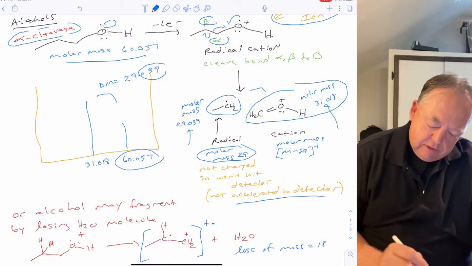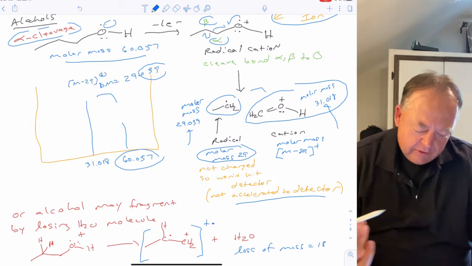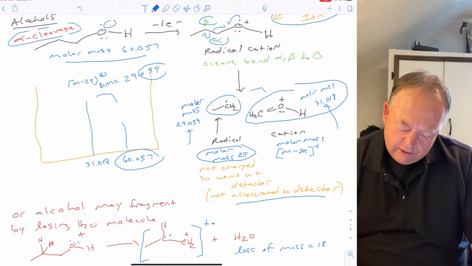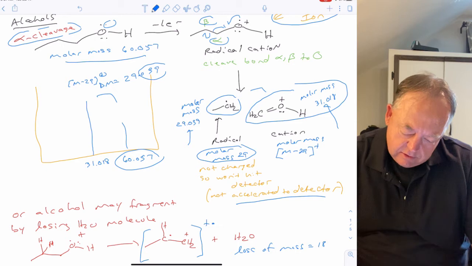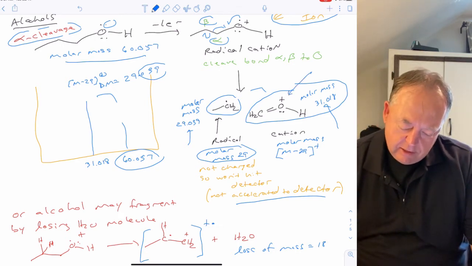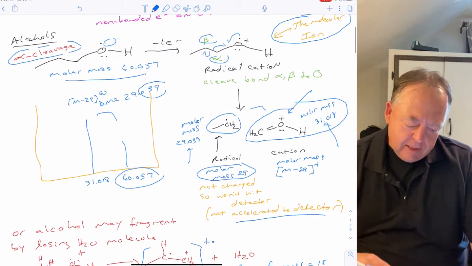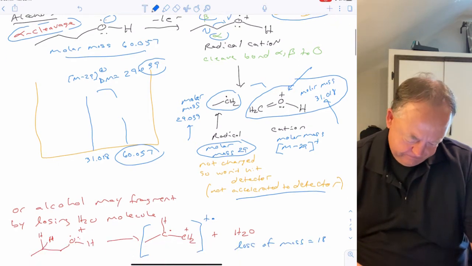Sometimes you may see this written as M-29 plus. That would be the fragment peak. It weighs 29 less because of the ethyl group that fragmented off. Since this fragment is positively charged, it would be accelerated by the electric fields in the mass spectrometer, and you would see a peak for that fragment, but not for the ethyl fragment, since the ethyl fragment is not charged. So that would be one way that alcohols fragment, by cleaving the alpha beta bond.